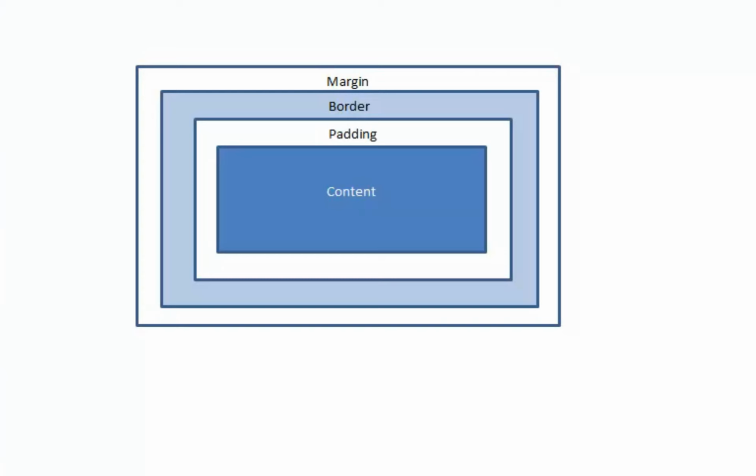So whether it be an image or a header level 1 or a paragraph or a div or any of the elements that can be in a web page, in the center of that is going to be the content. And then outside of the content is a section for padding. And what the padding does is it separates the content inside of that object from the border of that object. So it establishes a space between the content and the border, whether you can see the border or not.